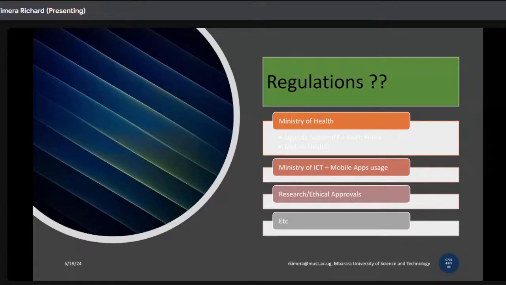But that's technology, social media, and what have you. In data protection and analytics, I know we have the data protection policy. That one is there. Then recently, we have a data science policy for the country. And they are working on an AI policy. That one is still in the pipeline.